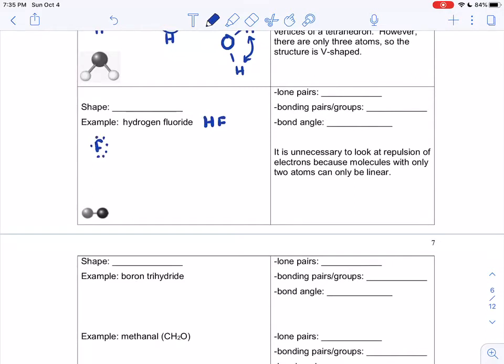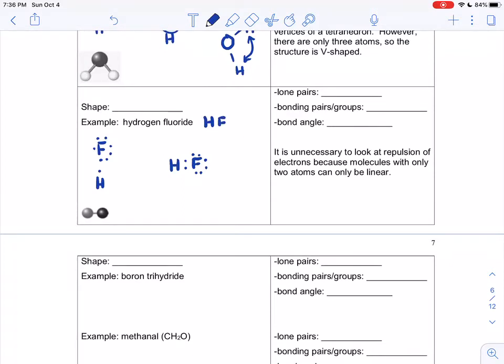Fluorine has 7 valence electrons, oops, I drew 8 there. Hydrogen has 1. And this one looks like this. Now we've got a few problems here. First of all, which is my central atom? I don't know, one or the other.